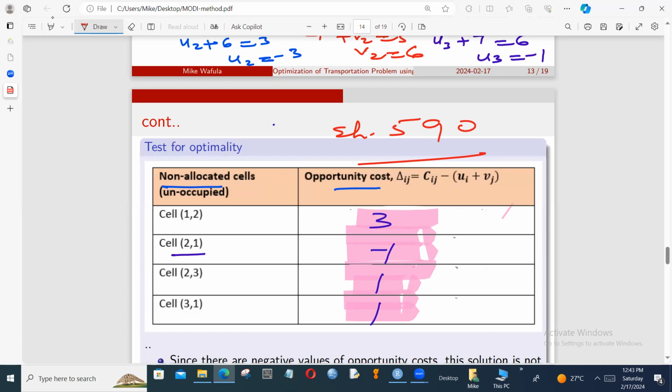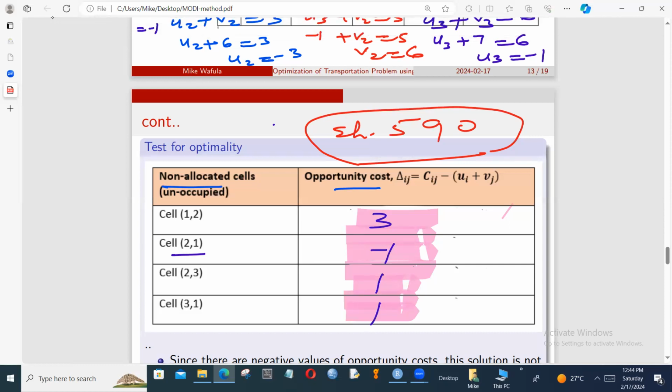There is at least a possibility that we can spend slightly less than this to transport goods from sources to destinations. So it gives us a chance to find what small amount we can save instead of spending 590 to transport the goods.